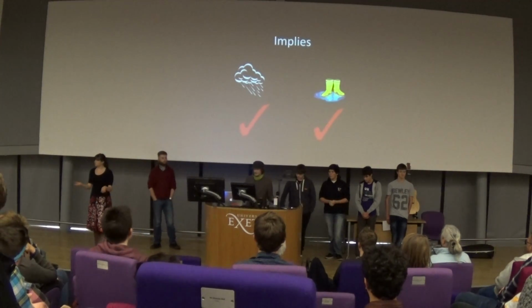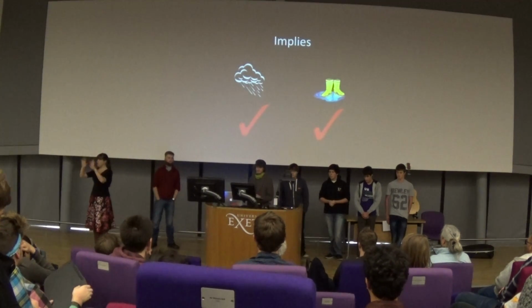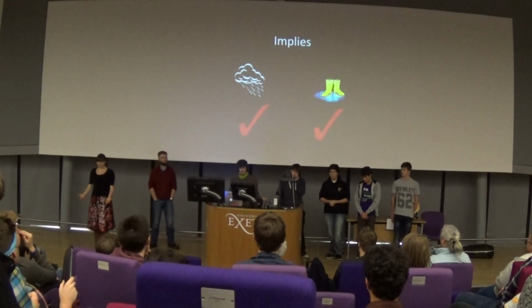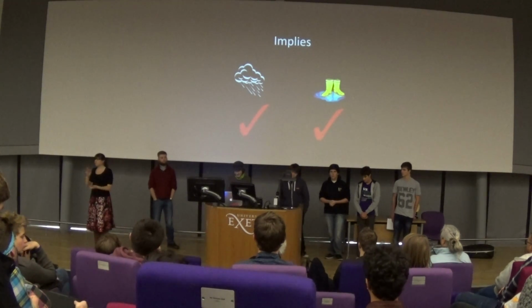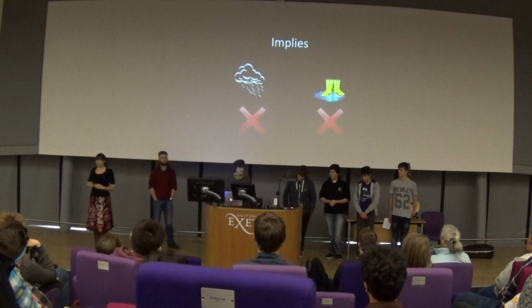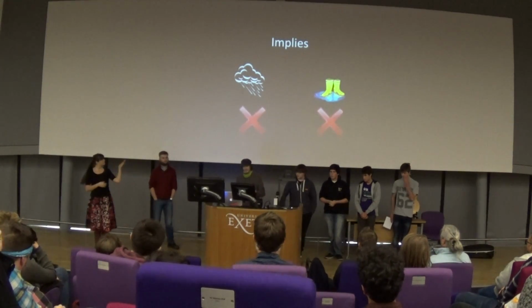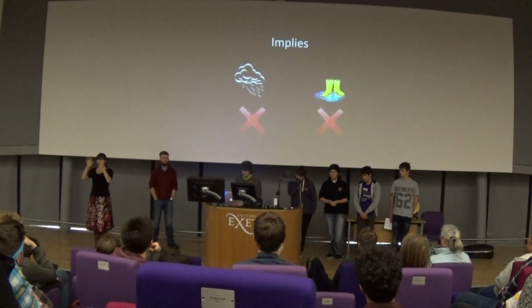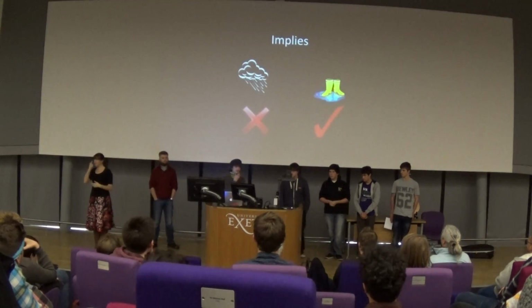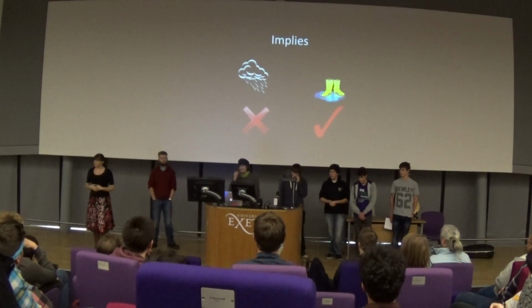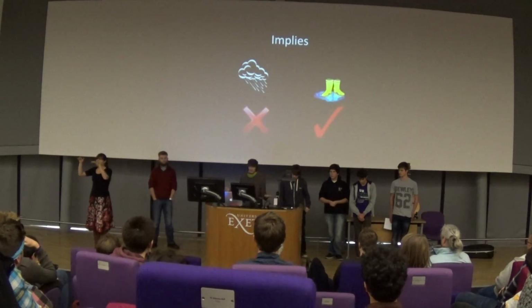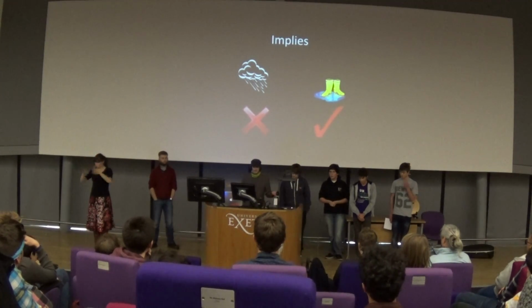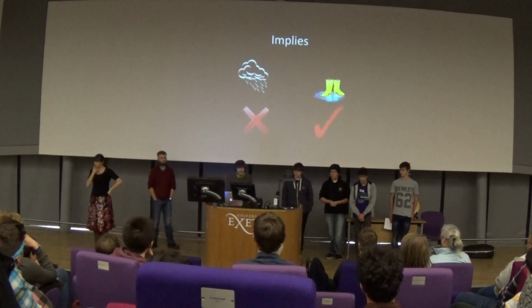Well, if it's raining and the ground is wet, there's no way that this can be false. And similarly, if it isn't raining and the ground isn't wet, there's nothing really contradicting it. Now let's say that it isn't raining and the ground is wet, perhaps because someone spilled a bucket of water or something. It doesn't particularly matter.